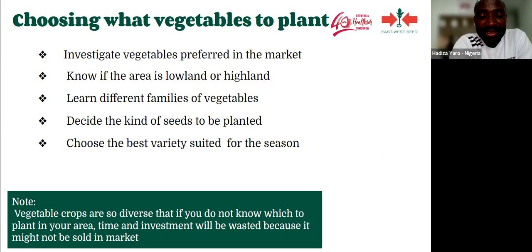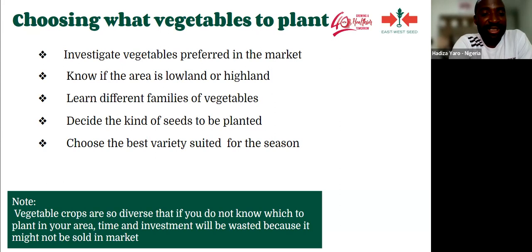A lot of this we need to know before planting. Going for OP varieties in this kind of season, you know what you're going to face. This will now take me to getting a good and reliable company to get your seeds from.